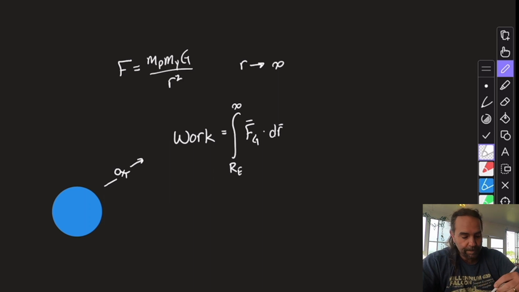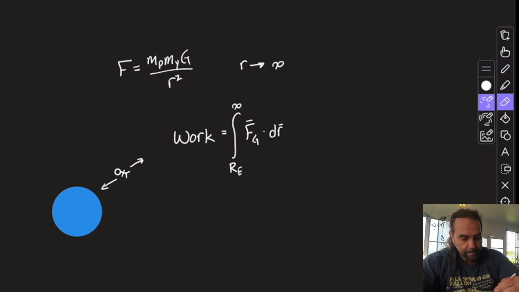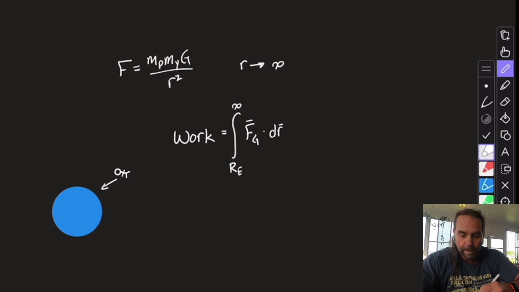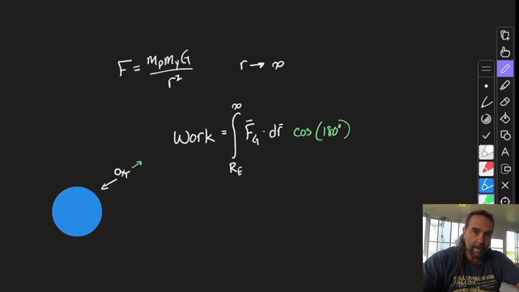So the gravitational force points towards the Earth, but we are going to try to move you, this is dr, away from the Earth. So we actually have a cosine of 180 degrees here that we will have to deal with.